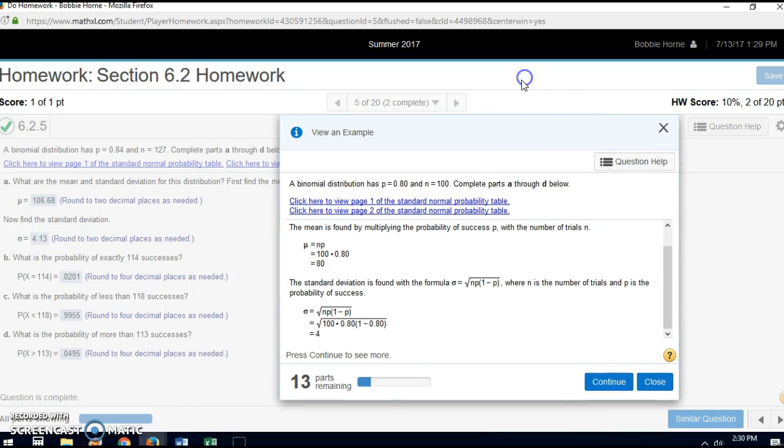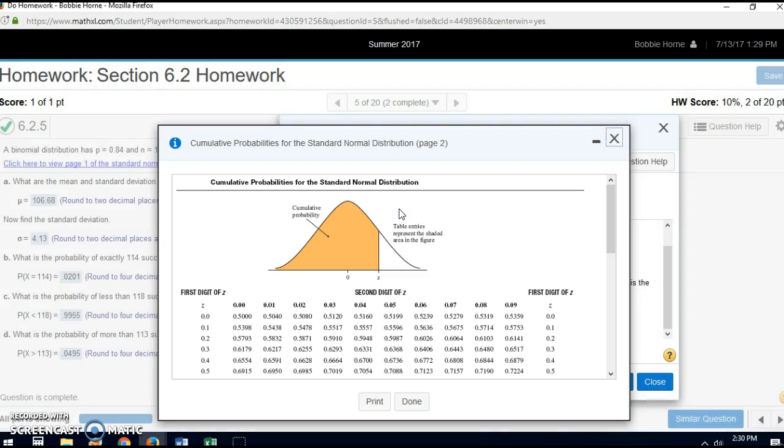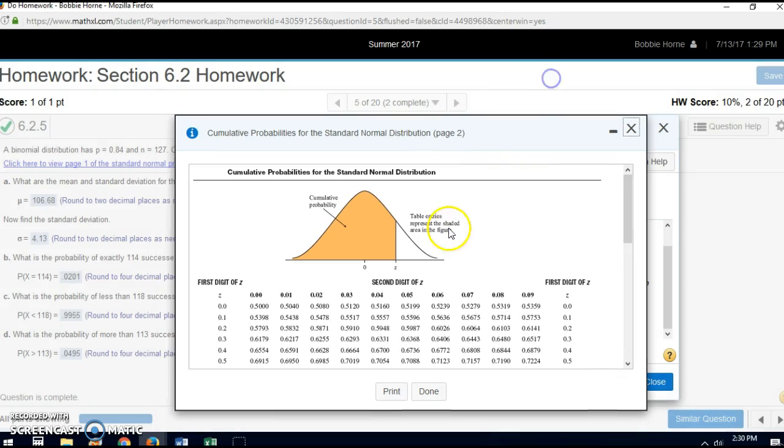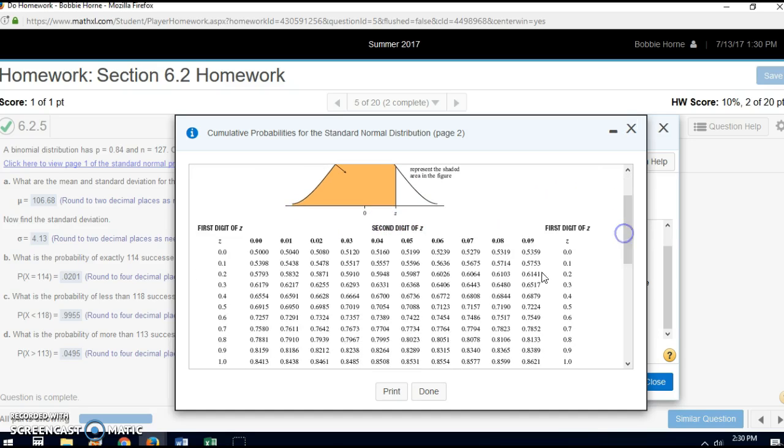Now, for probability of certain successes, first of all, I want to look at your normal table, and I want to discuss what this table means, okay? If you want to find the probability of, let's say, your z-score is 1, or let's do 1.24.